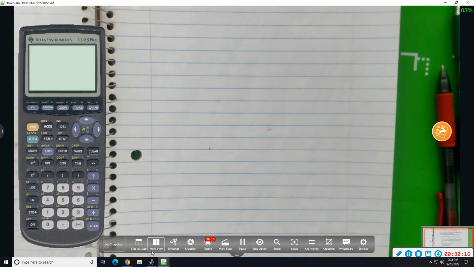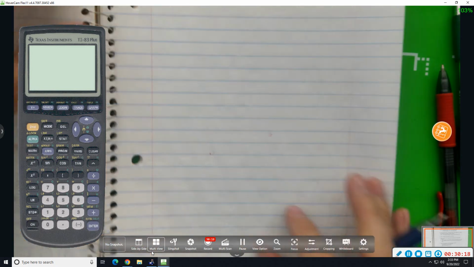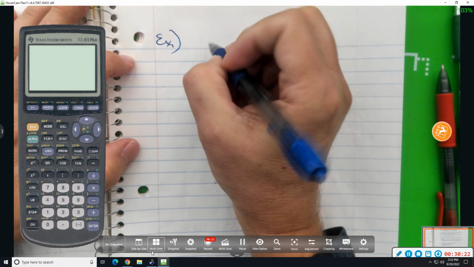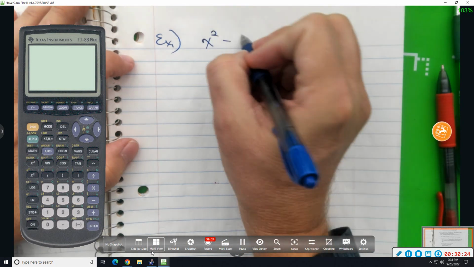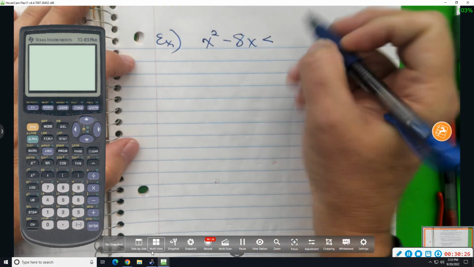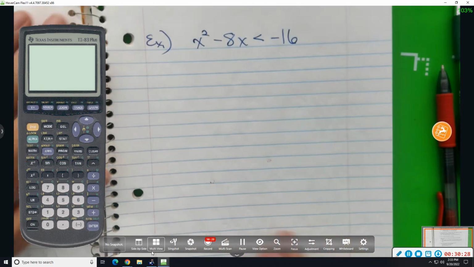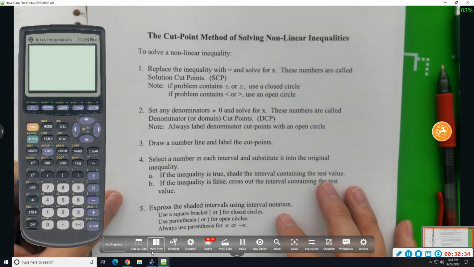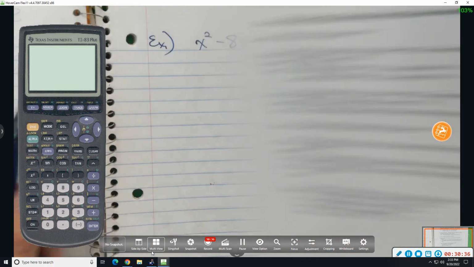I think I'm going to take the time. I have a little quick example, and we'll do it real fast. x squared minus 8x is less than negative 16. So, following our sequence of steps, replace the inequality with an equal to.